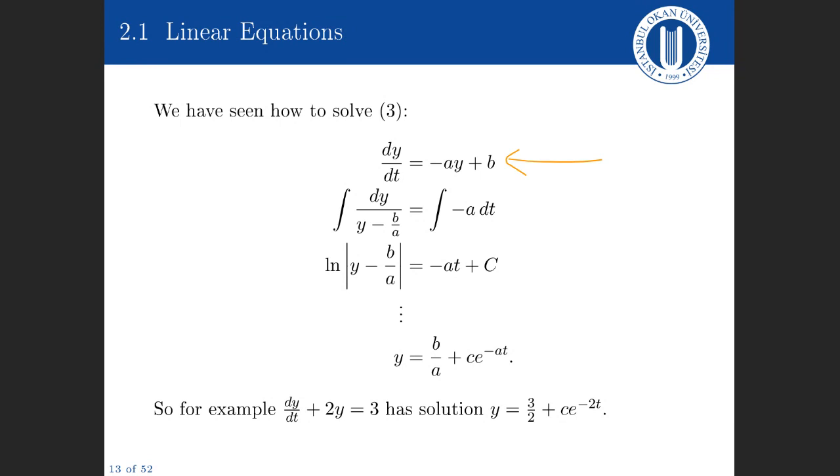And if we go through the calculation, we find that the solution is y is equal to b divided by a plus some constant c e to the power minus at. So for example, if a is 2 and b is 3, then the solution is y is equal to 3 over 2 plus some constant e to the power minus 2t.